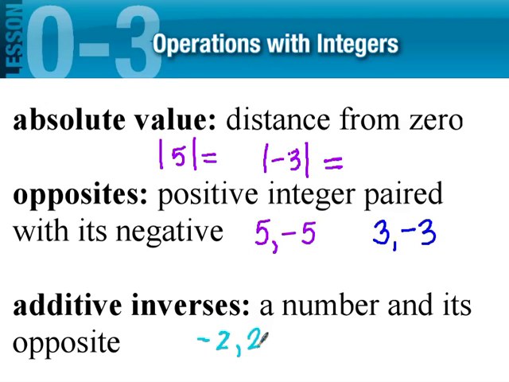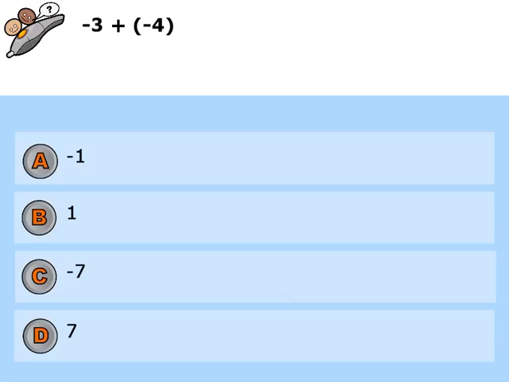So with that in mind, we're going to look at adding and subtracting positive and negative numbers. All right, let's look at our first example. I'm sending this now to your expression. What you need to do is go ahead and type in the answer. What is negative 3 plus negative 4?